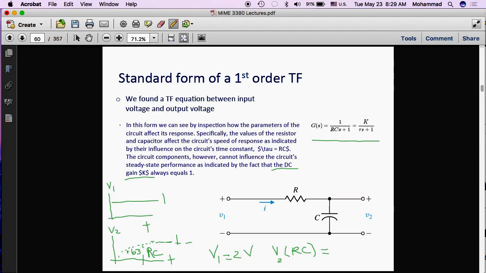How did you calculate that? You took 0.63 and multiplied by a steady state value of V2, which we know is 2, so it's going to be 0.63 multiplied by 2, 1.26, right? 1.26.